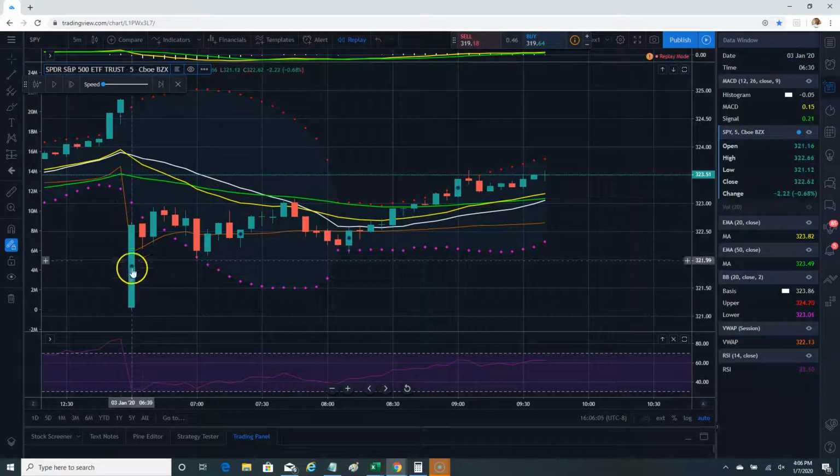The dip on SPY at the open is being bought pretty much every single time. In that case, you could have gotten a nice trade here, but that's not what we advise because it's risky.